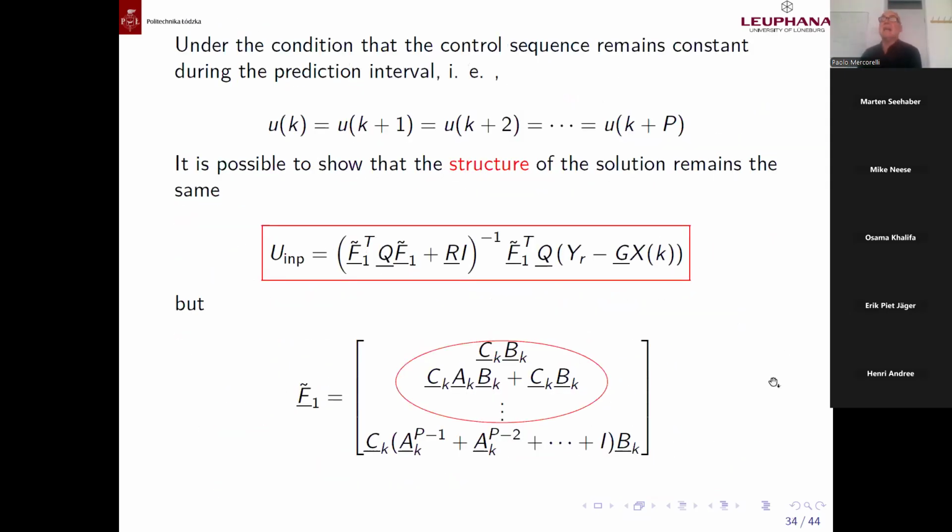Now you can see that if I have just one input, I have just one column. Of course, the solution is different, because I assume that at the beginning the U does not change.